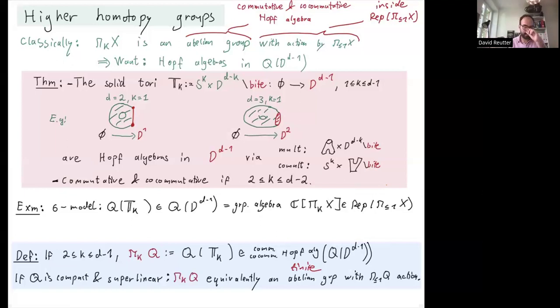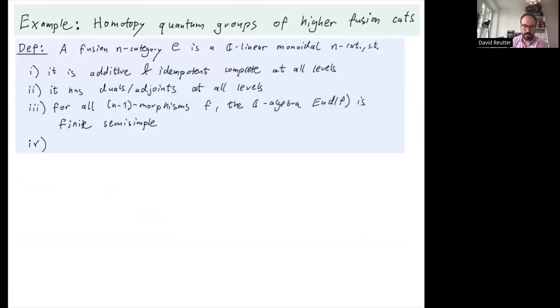And if you're in even lower dimension, if this is just a monoidal 1-category, then this won't be a Hopf algebra because I can't even define what a Hopf algebra is in a monoidal category. But if you work a little harder, this will recover a Hopf monad on that monoidal category. But I won't go into this. Okay, just a few examples.